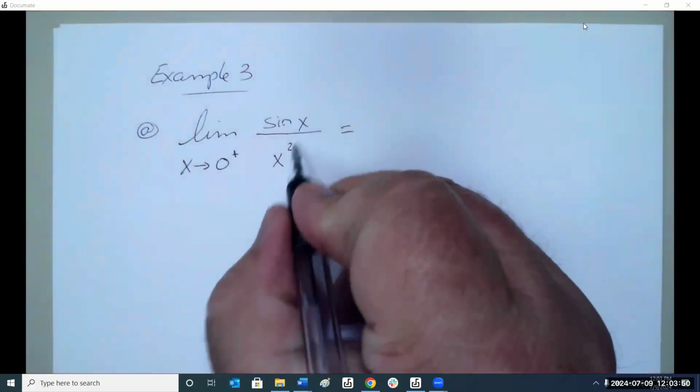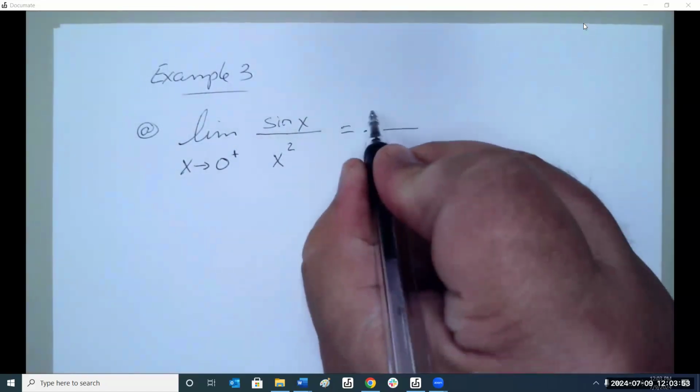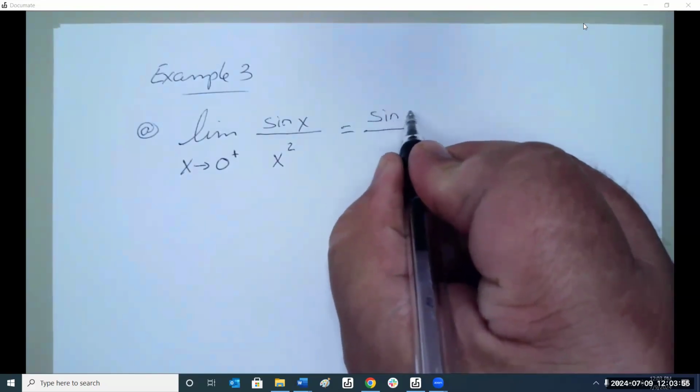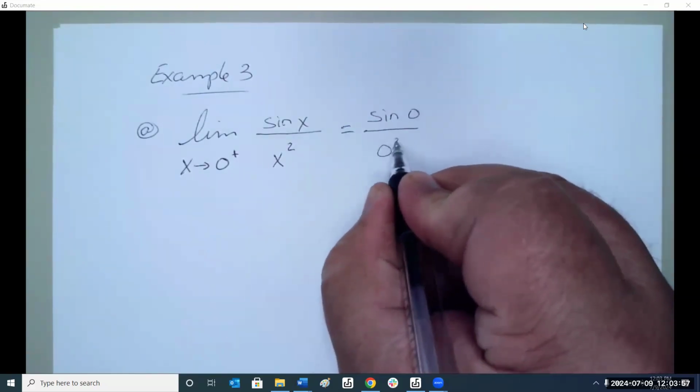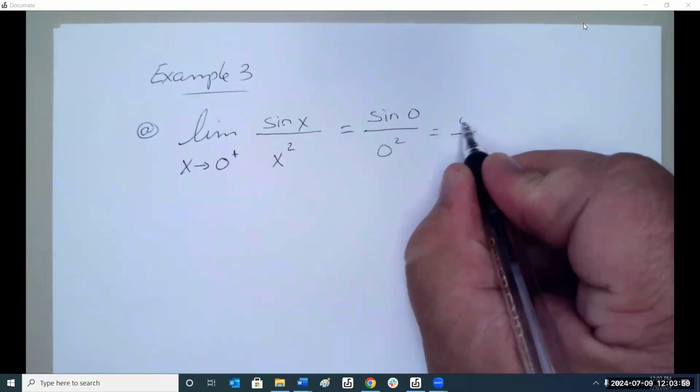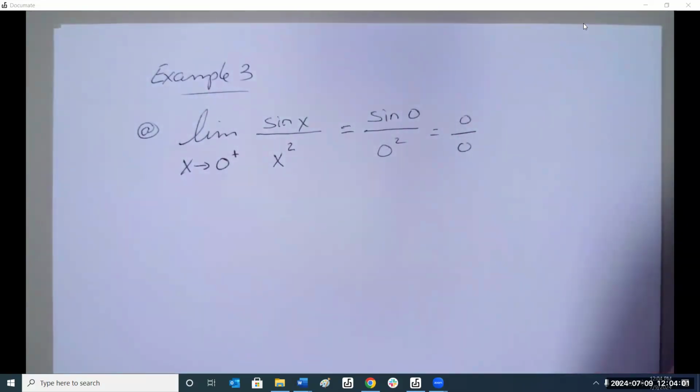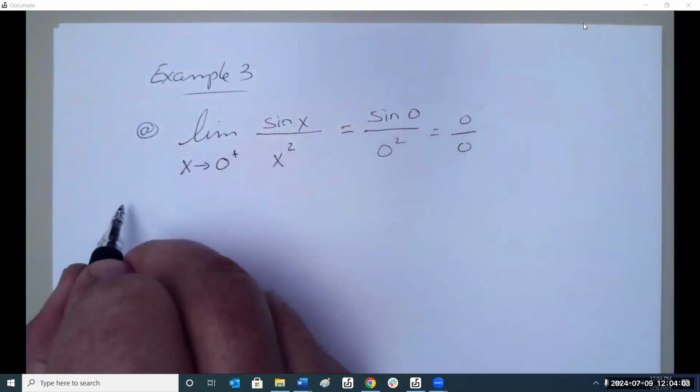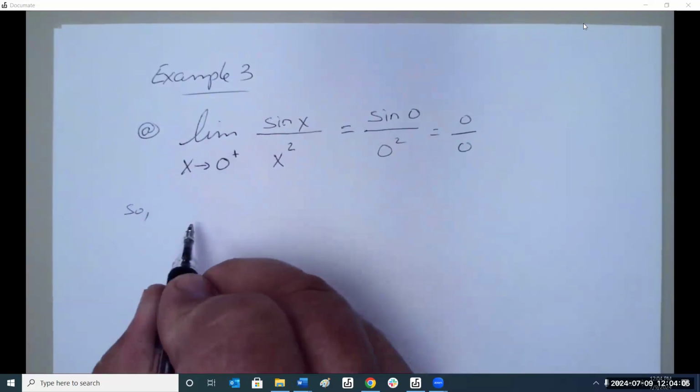So first step, plug in zeros. Sine of 0 over 0 squared is 0 over 0. Indeterminate. So take the derivative.